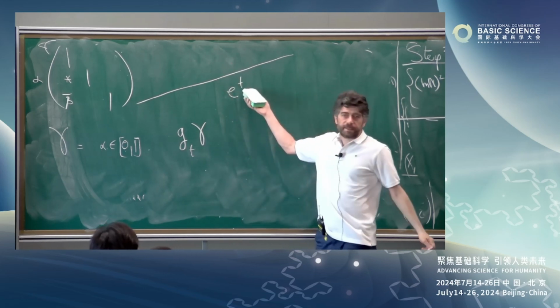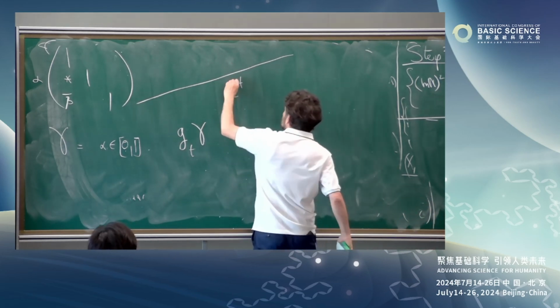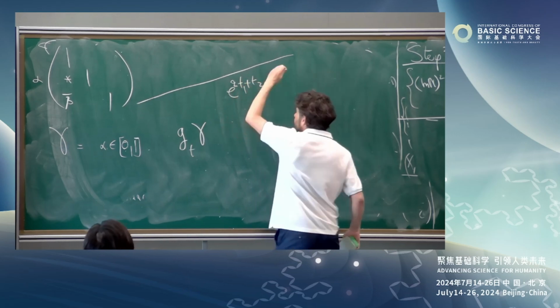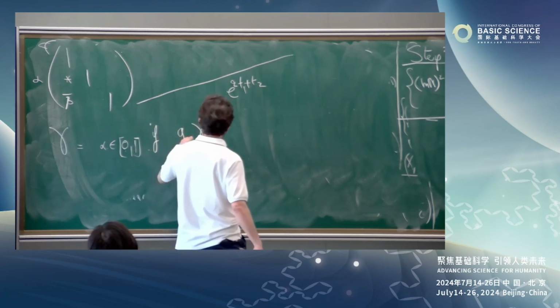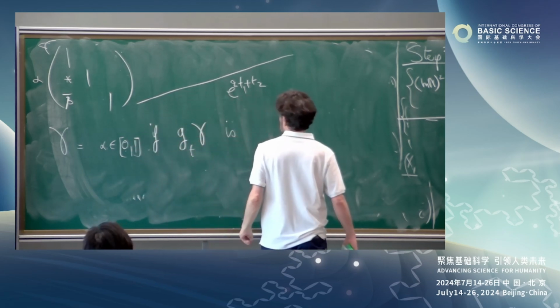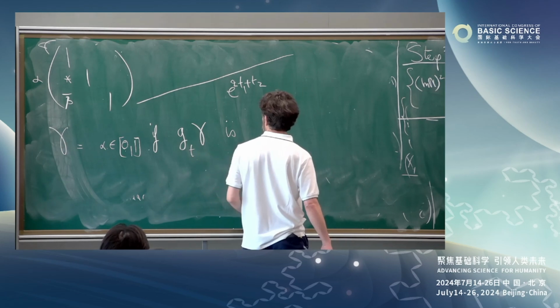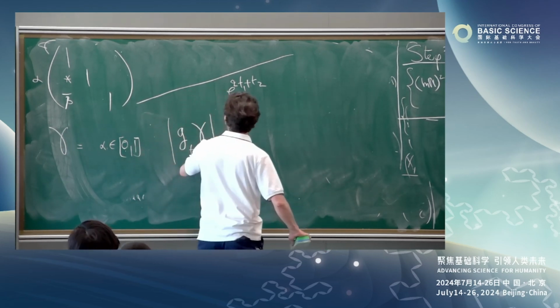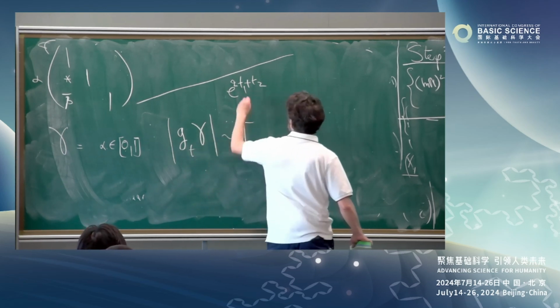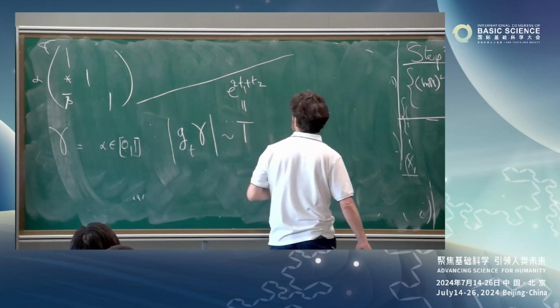I'm writing ET, T is T1 plus T2, say 2T1 plus T2 or something. So this is exponentially long.